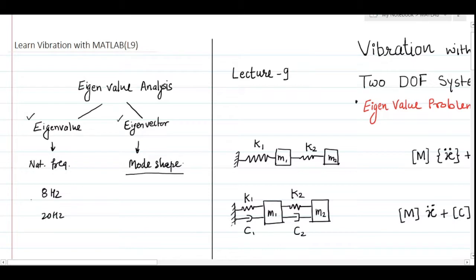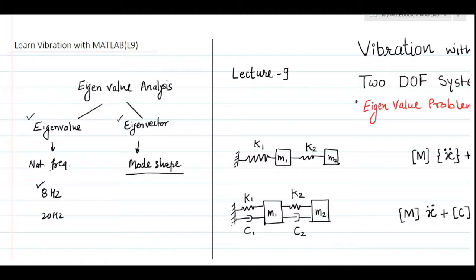When the system will vibrate at 8 hertz, please understand, I am talking about the free vibration condition, not the forced vibration condition. The eigenvalue formulation is valid for the free vibration condition. So as I said, now we are having two natural frequencies, 8 hertz and 20 hertz, that we calculated by solving the eigenvalue problem.